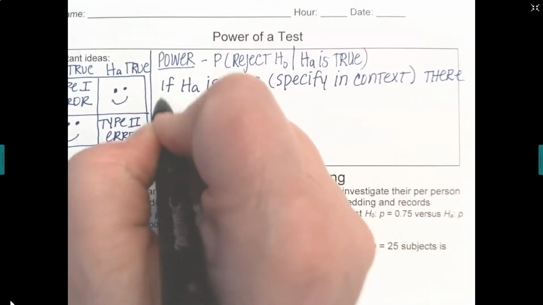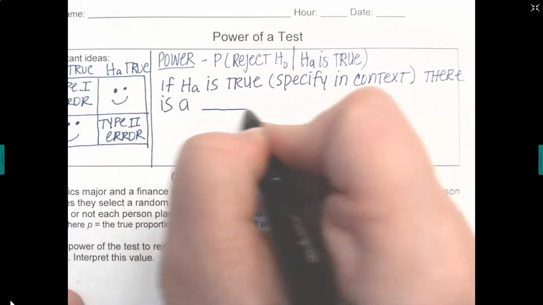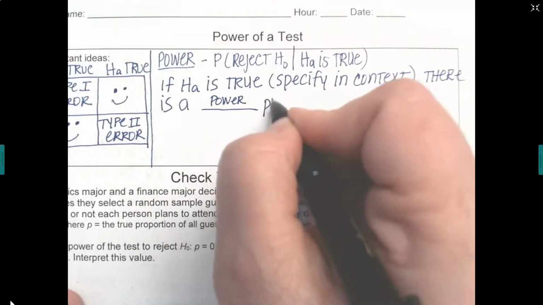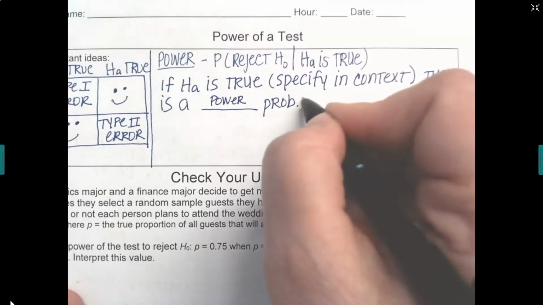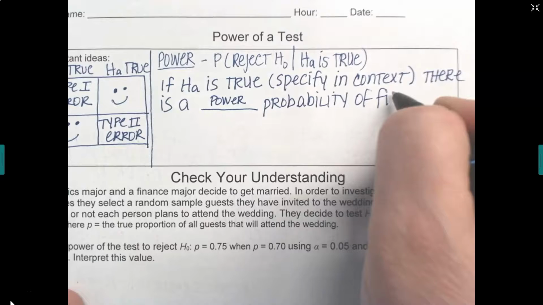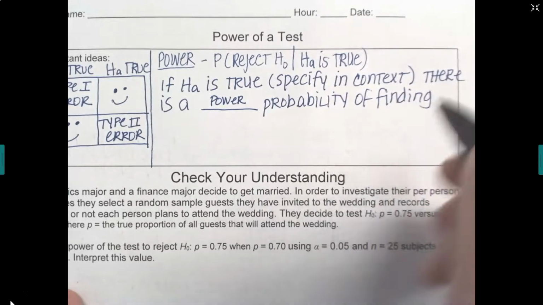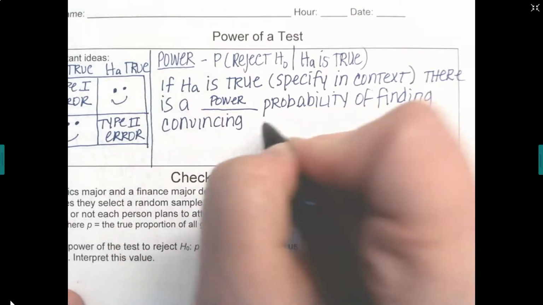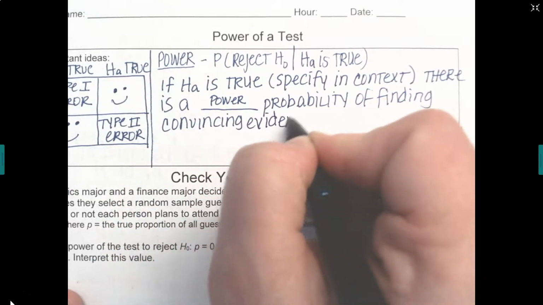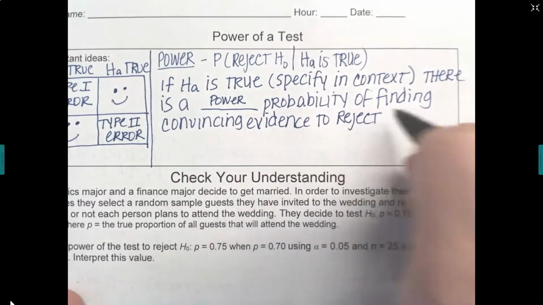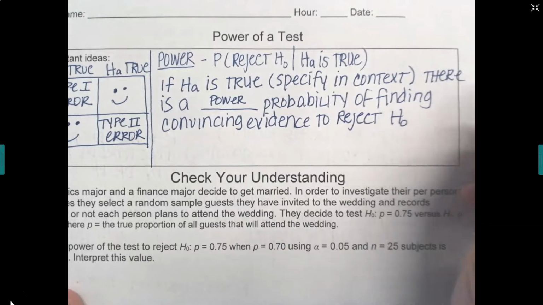There is a blank, and in that blank you're going to stick whatever your power number is, probability of finding convincing evidence to reject the null. And you got to make sure that's in context also.